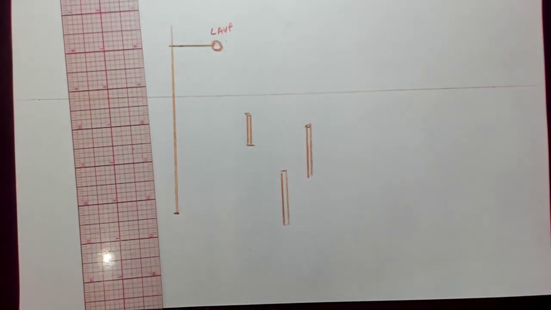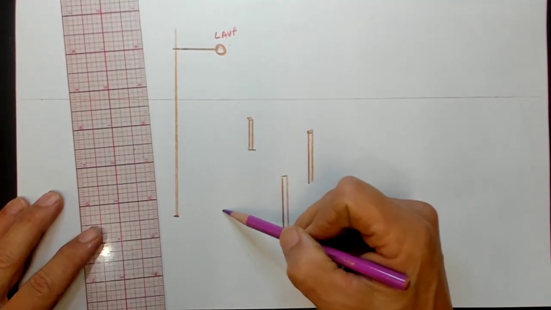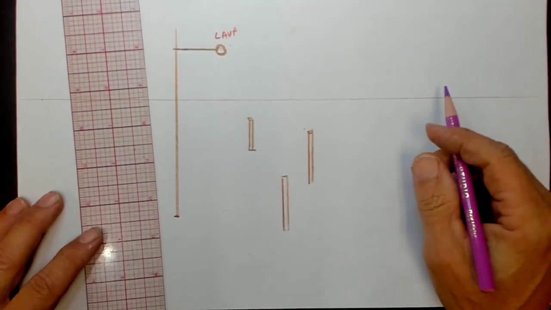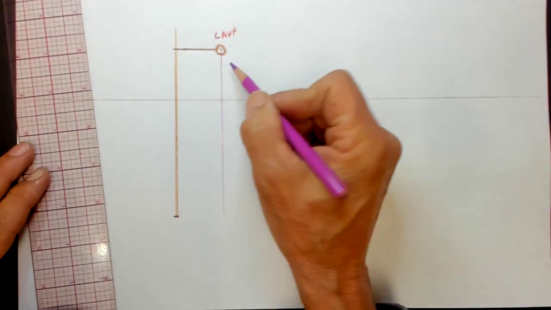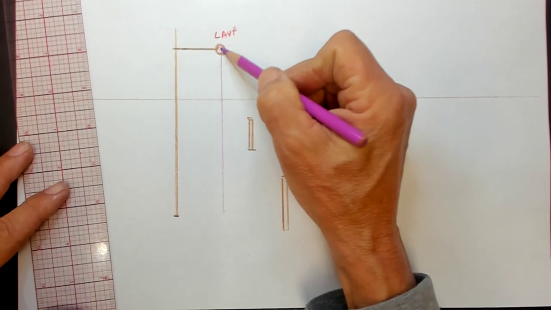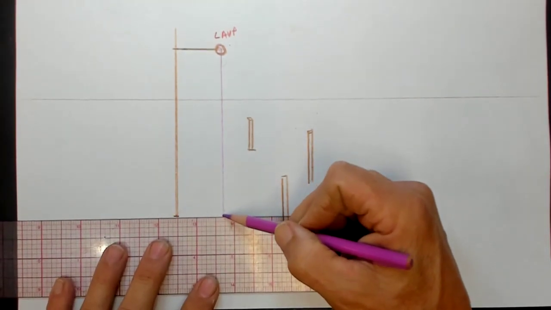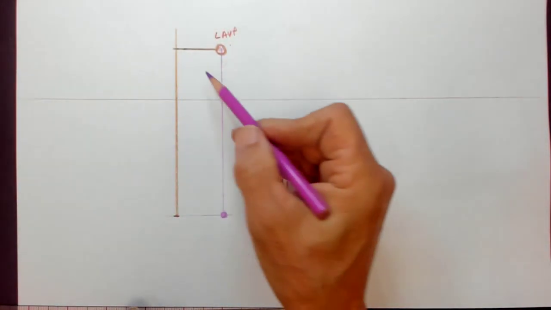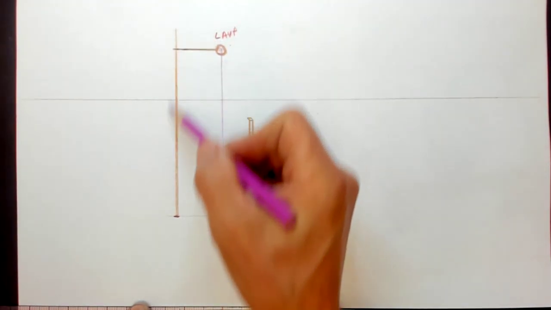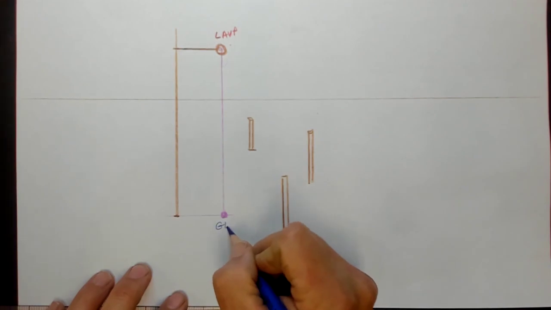So this will also have a ground line vanishing point, and the ground line vanishing point for this is going to be directly below the light source on the surface that these sticks are on. So we drop a line straight down. This is kind of like a flagpole. Think of it like if a drop of water fell from this light bulb and hit the ground, it would land right there. Because this goes straight across, this goes straight across, this thing is in 1 point perspective. So this is my ground line vanishing point.